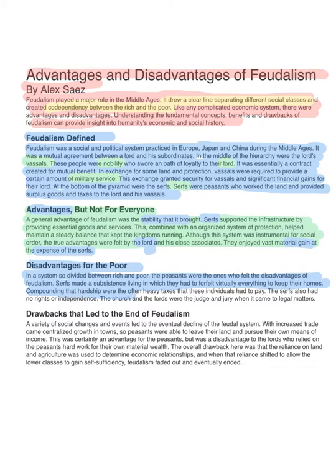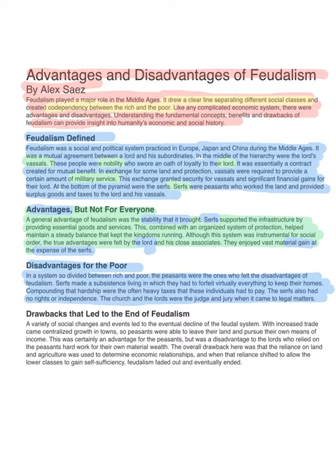Compounding that hardship were the often heavy taxes that these individuals had to pay. And the serfs had no rights or independence. The church and the lords were the judge and the jury when it came to legal matters.